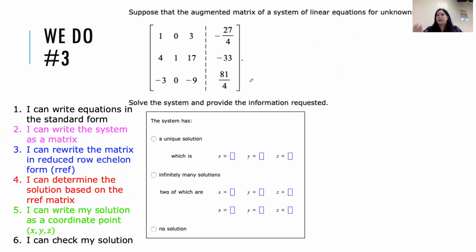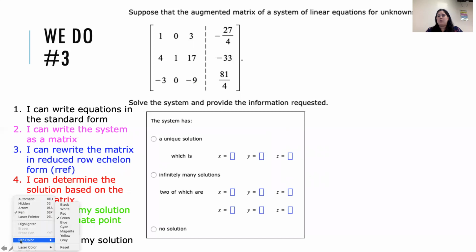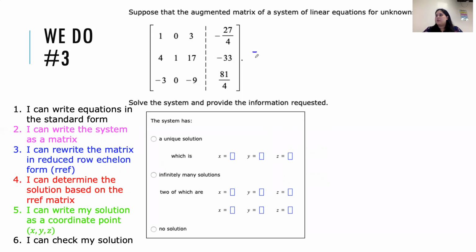All right, for our next one, they give us the matrix, so we are already done with steps 1 and 2. We're just going to go ahead and start at step 3. We're going to rewrite this in reduced row echelon form. Using Desmos, we will get 1, 0, 3, and I'm going to write the decimal version, negative 6.75.